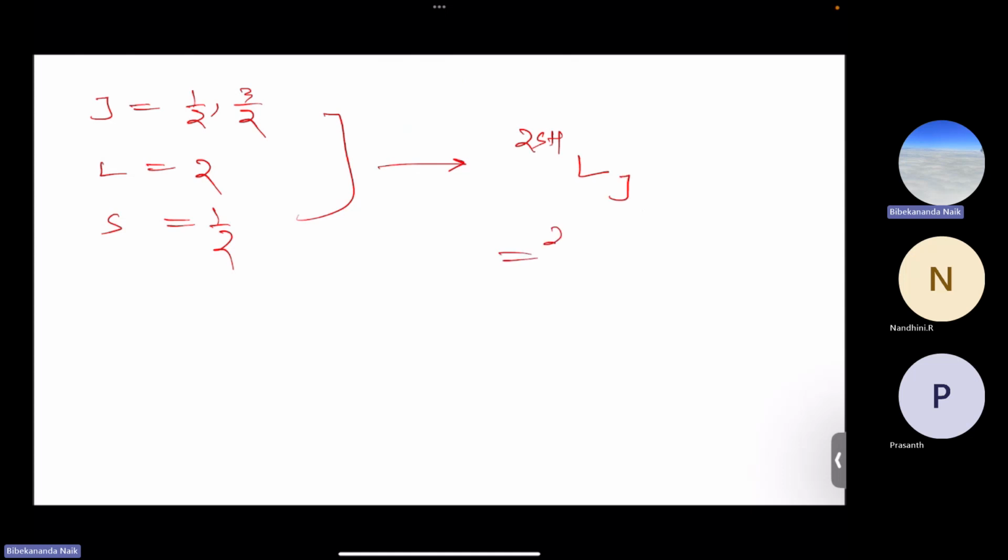So now we have J values half and 3 by 2. L is 1, S is half. So if you write the spectroscopic notation, it will be 2S+1 L_J. So S half means 2S+1 will be 2. So it will be 2. L is P. Sorry, L is not 2, L is 1.